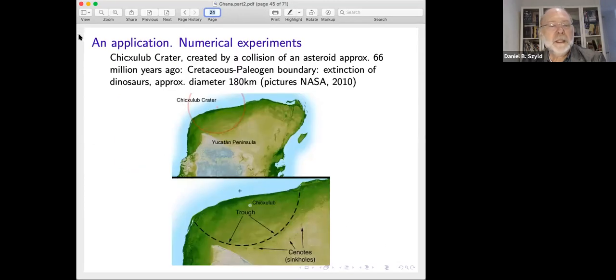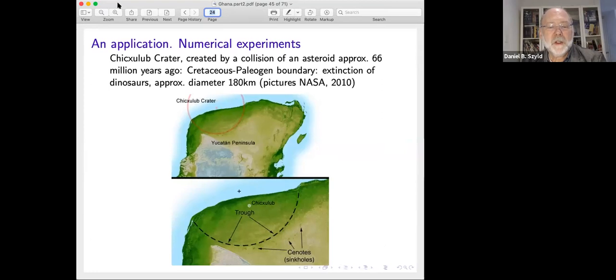Okay, so the experiments that I want to show you first correspond to the Chicxulub crater. So this is in Mexico, in the Yucatan Peninsula in the Caribbean. Chicxulub is a Mayan term.